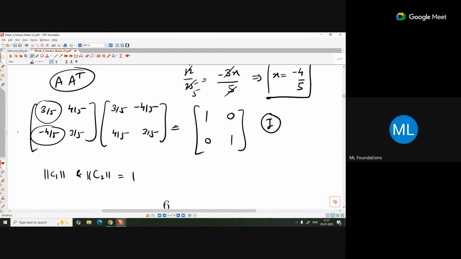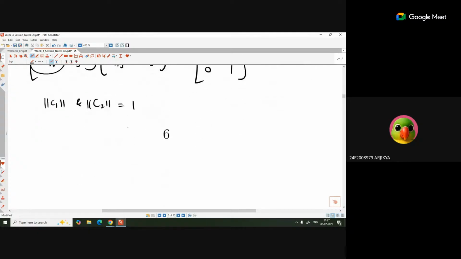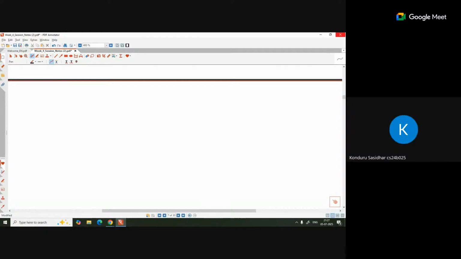What is your doubt? Which one is skew symmetric? The A matrix, yes. If it's skew symmetric, then A A transpose will always be identity. That's the property. Without any calculation, what happened?